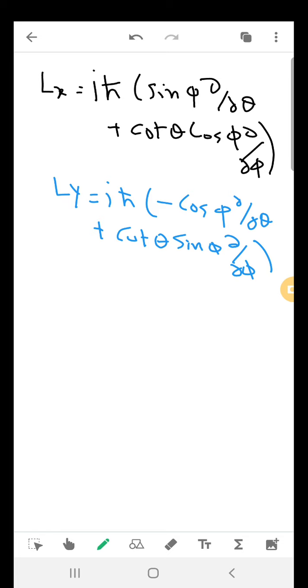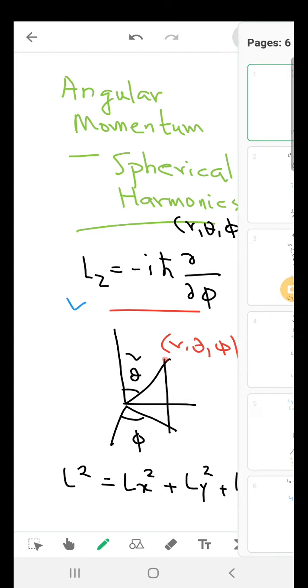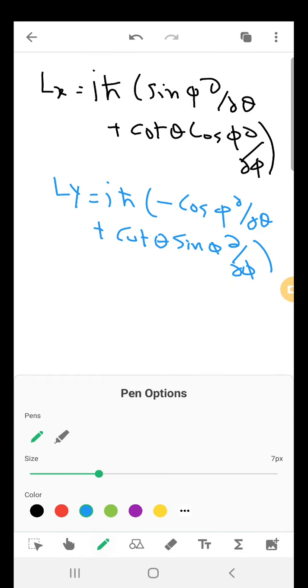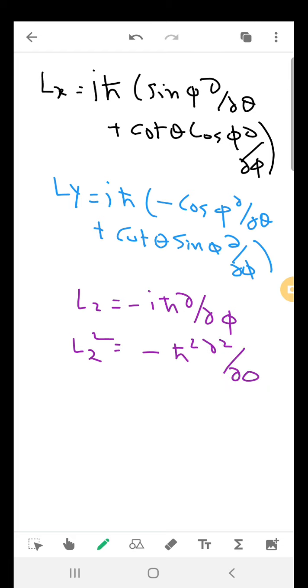And we have previously said that Lz is equal to minus h cross del by del phi, and so Lz squared is equal to minus h cross squared del squared by del phi squared.